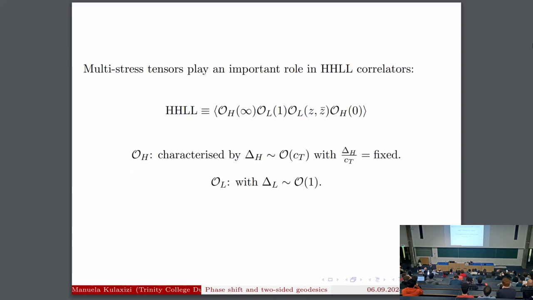So these multi-stress tensors play an important role, particularly in a specific class of correlation functions that we call heavy-heavy-light-light correlators.